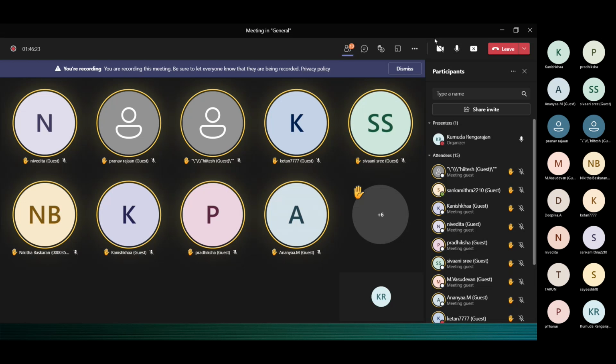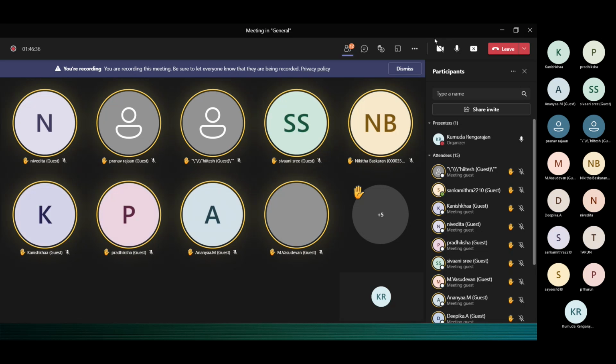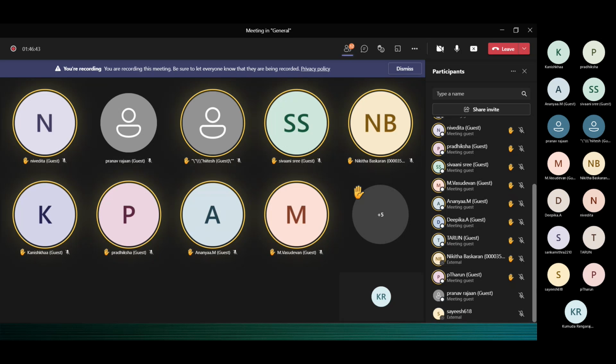Ara, what is the formula to find the total surface area of a cylinder? Tarun, ma'am, what is the formula to find the total surface area of a cylinder? One minute, ma'am.